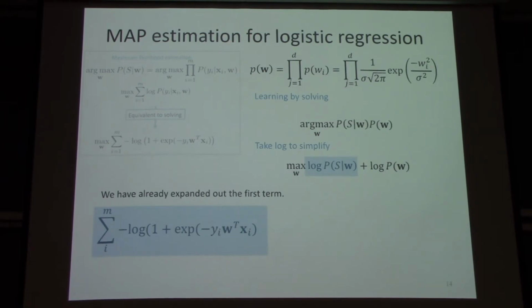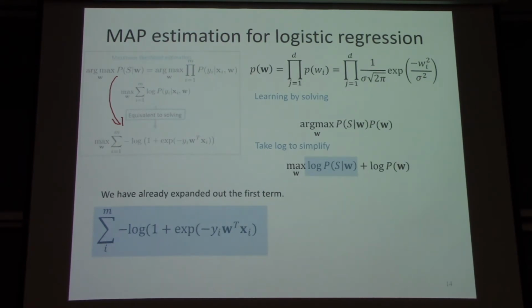The log likelihood is exactly what we expanded out in the previous step. It's written in faded font here, and it is exactly this quantity in the box. So I'm not going to work through that. All you have to do is substitute the logistic model into the likelihood term, and you'll get this term here.